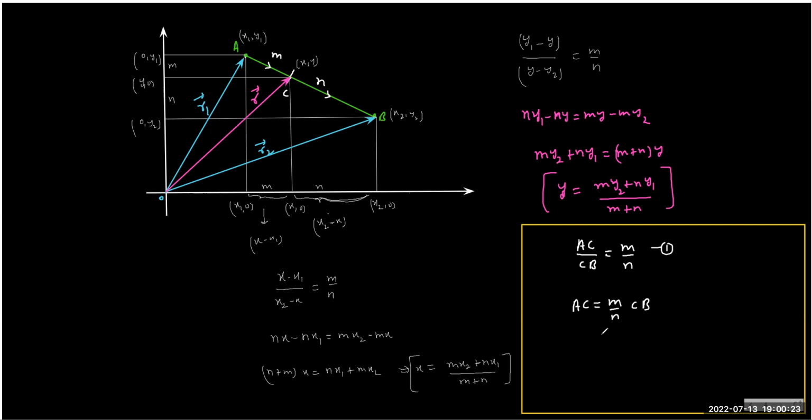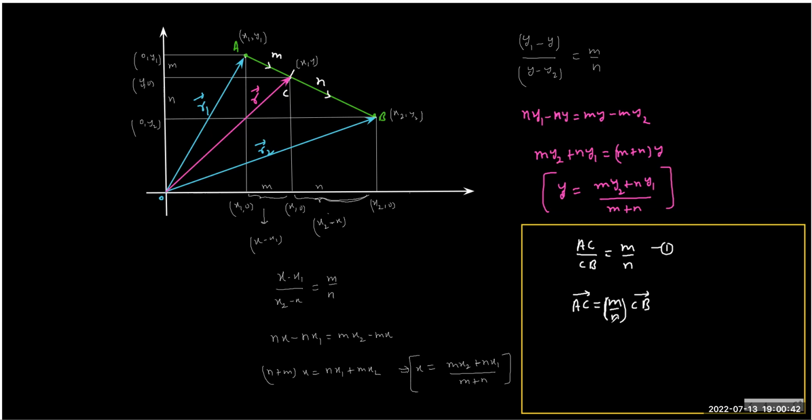Now this is fine. So what I'll do next? I'll put an arrow. And what it is trying to say? That the direction of AC and direction of CB are the same, because M and N are positive numbers. So what is this ratio representing?